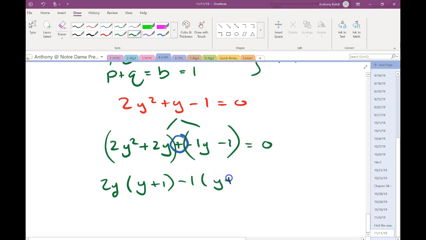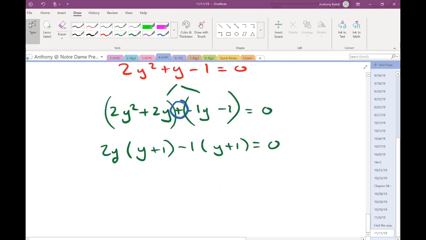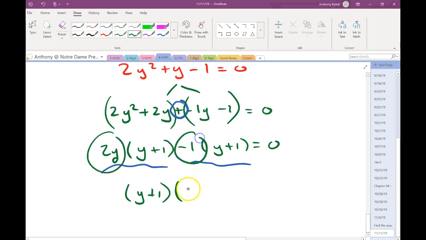That leaves me with y plus 1. Do you see a greatest common factor now? So if I look at this and this, what's the greatest common factor? Y plus 1. And what's that leave me left over after I factor that out? 2y minus 1, right? So now we've got it factored.